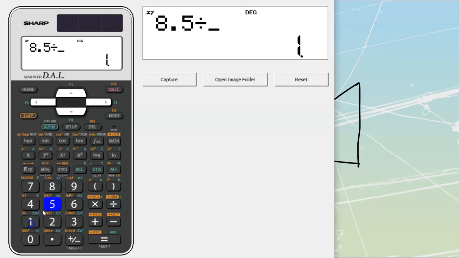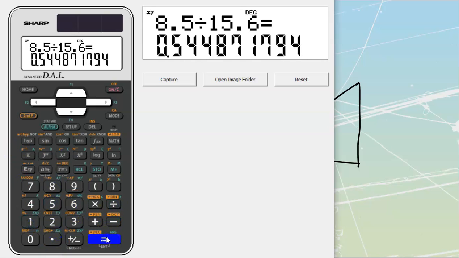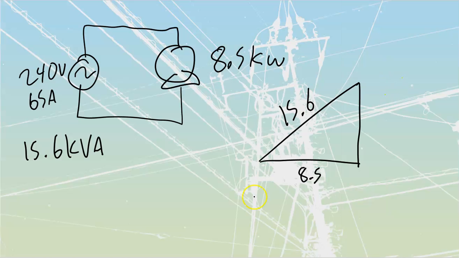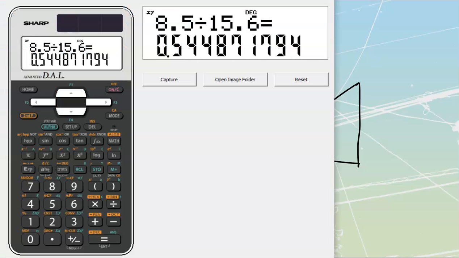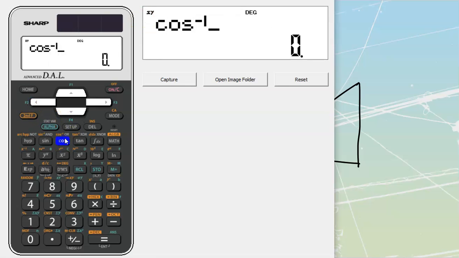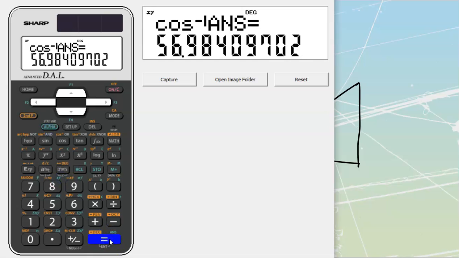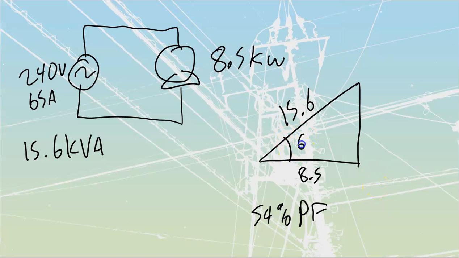8.5 divided by 15.6 equals a value of 54%, or 0.5444. We'll write that one down: 54% power factor. If I take the inverse cosine of that power factor, that gets me the angle, which is going to be 56.98 degrees.